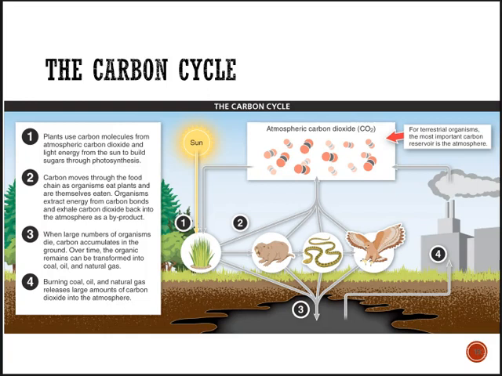I always like to focus on the reservoir first. And for carbon, the reservoir is in the form of carbon dioxide. So we say that the reservoir is in the atmosphere, and all this carbon dioxide is sitting up there in the atmosphere, doing its thing, until a primary producer, in the presence of sunlight, takes that carbon dioxide out of the atmosphere and converts it into sugar through the process of photosynthesis.